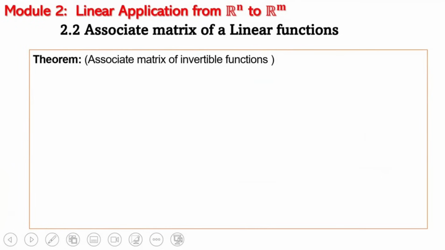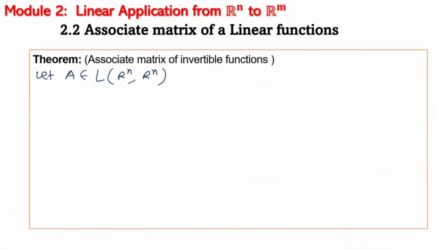Let's complete this. Now we have a theorem here: associated matrix of an invertible function. The theorem statement says, let A belong to L from Rn to Rn. Then A belongs to L inverse Rn if and only if the matrix A is invertible.